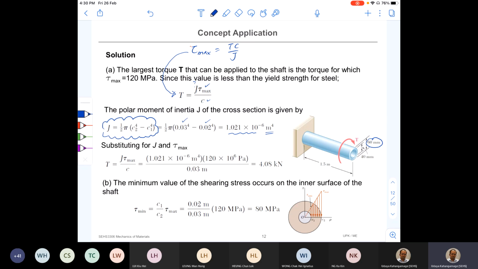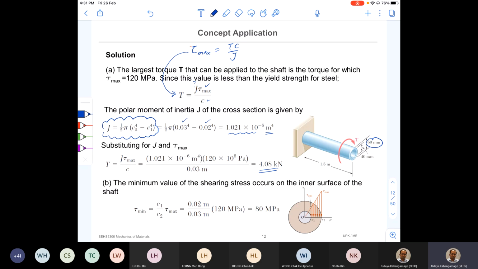Now it is very simple. By substituting the value of J in the previous equation, we can calculate the maximum torque we can apply. It is 4.08 kilonewton meters.